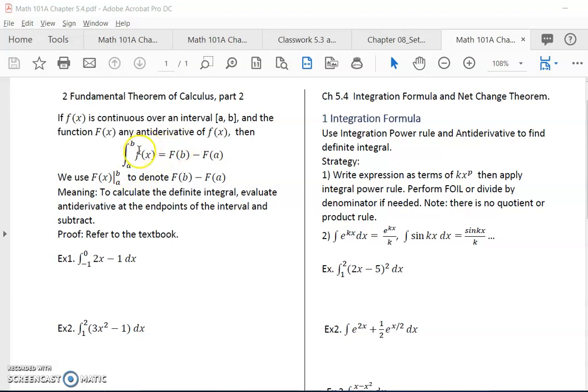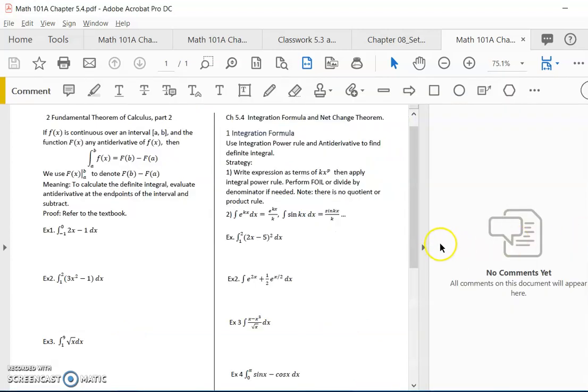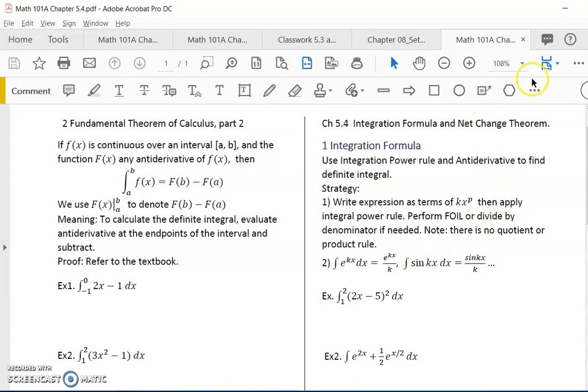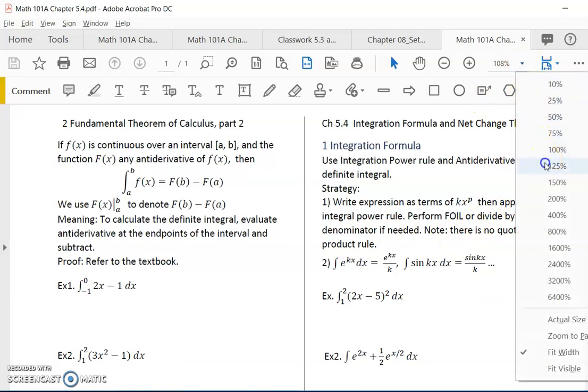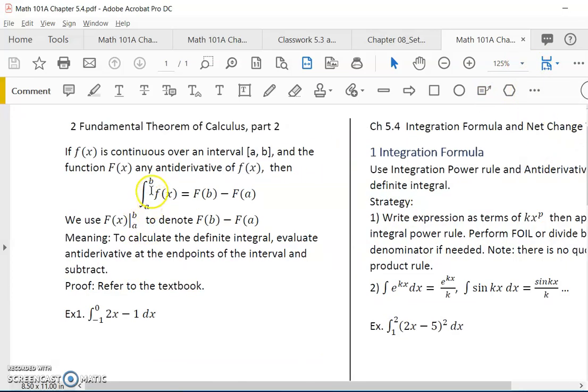And when we evaluate F(b) minus F(a), the big antiderivative, we use this notation of F of x with a straight line, b and a, like that, to denote F(b) minus F(a). Because in the past, when we have function notation, we have f of something, right? But this is not a function per se, it is an area under the curve.